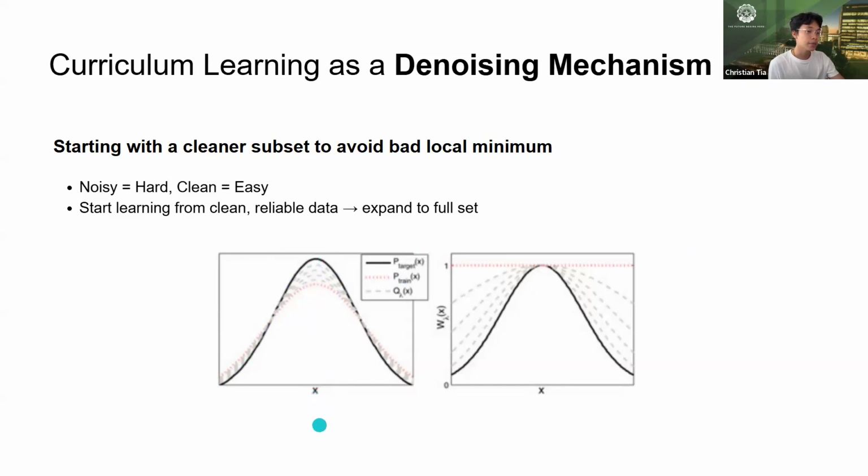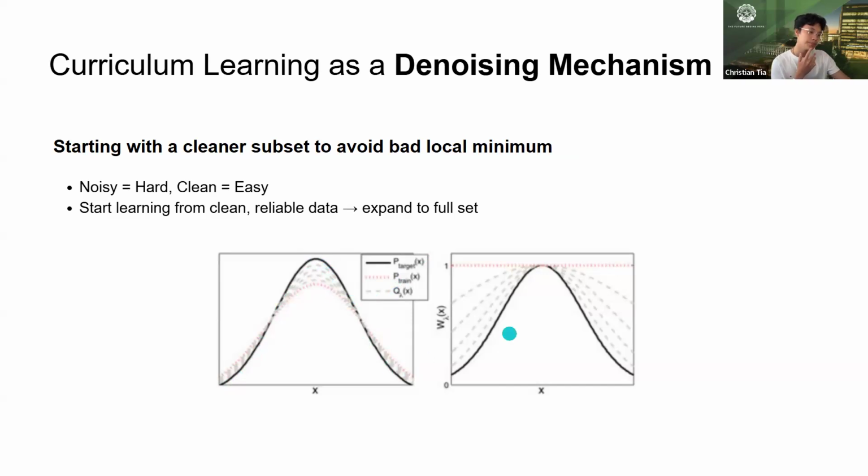However, our training set may not always accurately represent that distribution, because with noise, we could have fewer high confidence examples here in the center and more noisy examples in the tails. And so we denoise by starting with that target distribution and slowly adjusting our training set to match our original training set, which is represented by the red line.